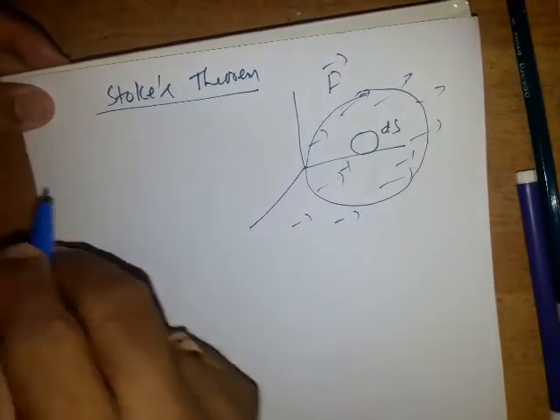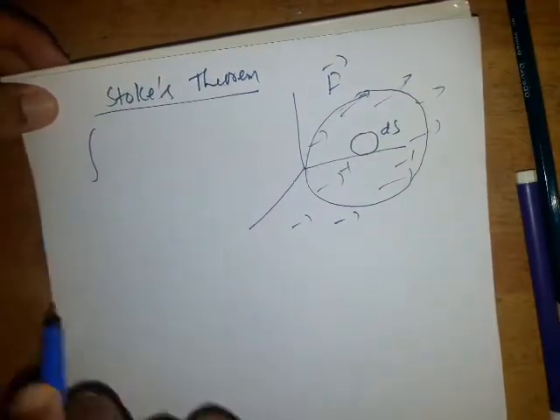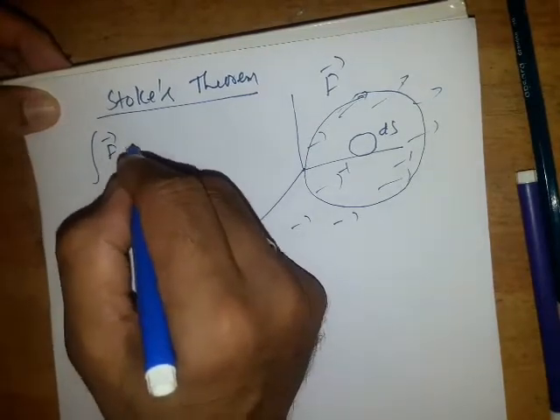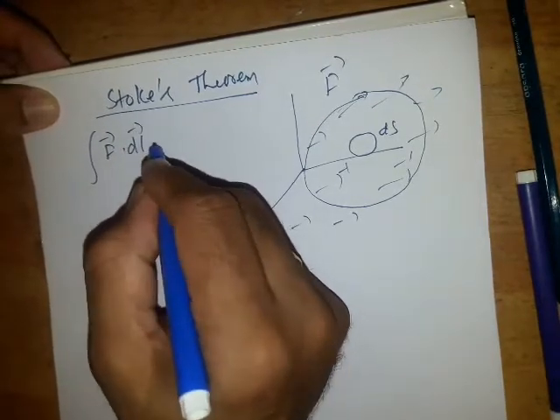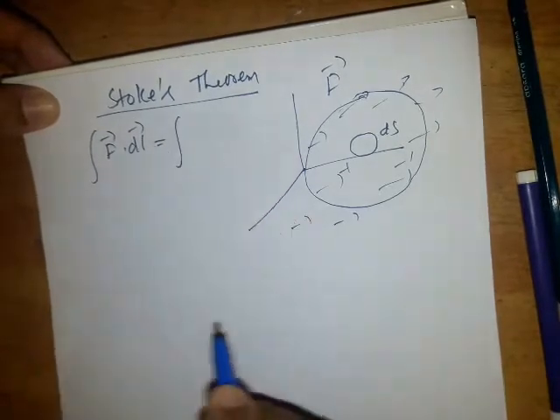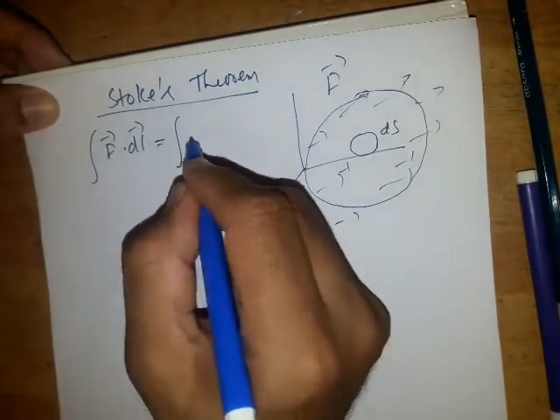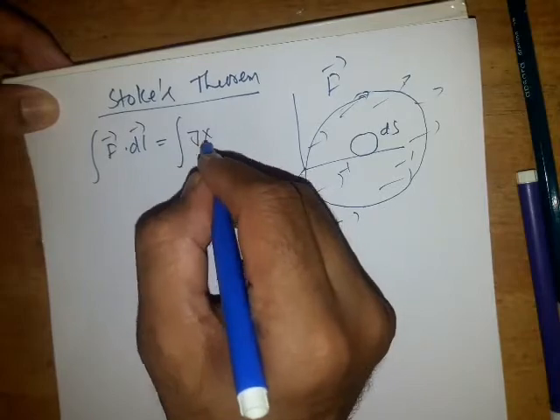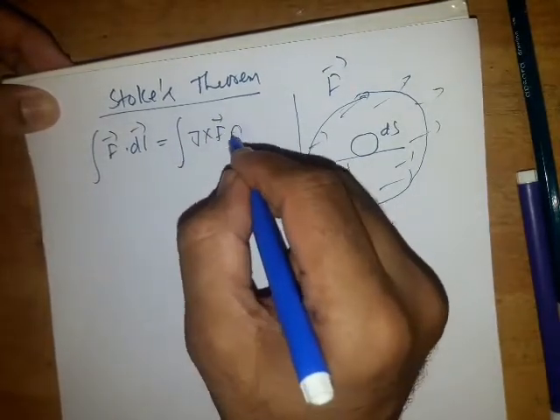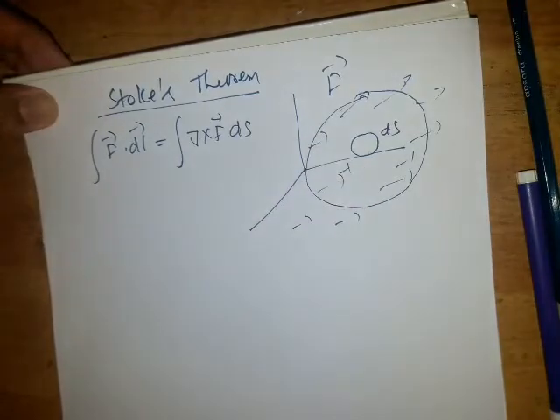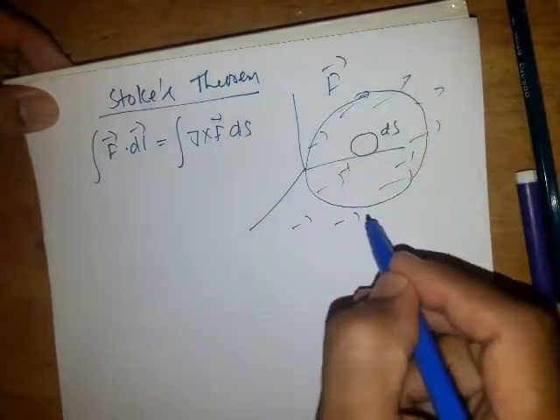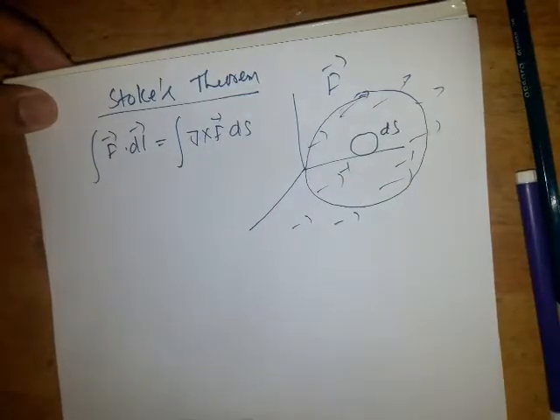It tells us that the line integral of the vector over a closed path is equal to the surface integral of the curl of the vector F over the surface which is enclosed by the same path.